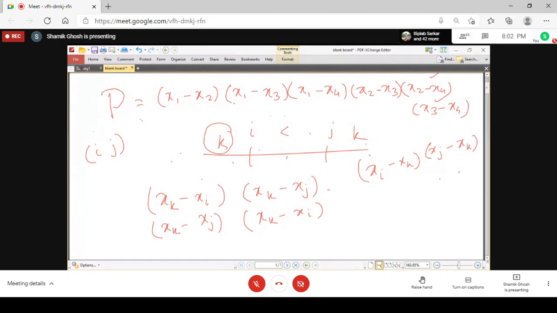If we apply the transposition, xi will change to xj, so xj minus xk, and this will change to xi minus xk. So again there is no change, because xi minus xk was there and xj minus xk was there. So there is no change.